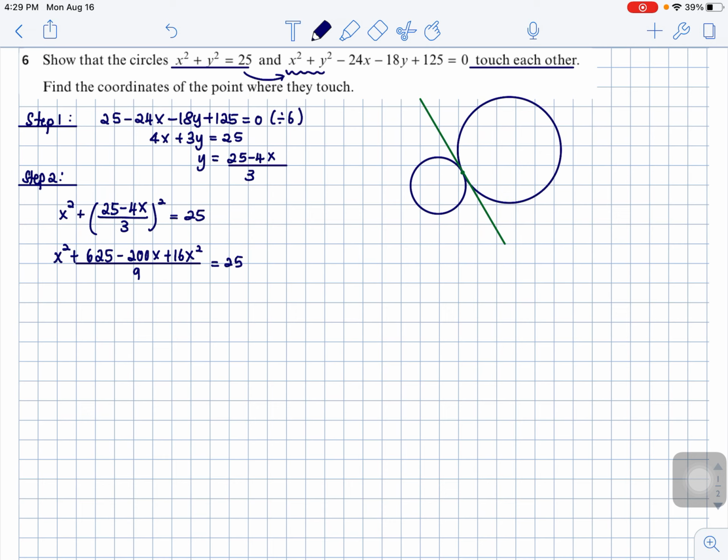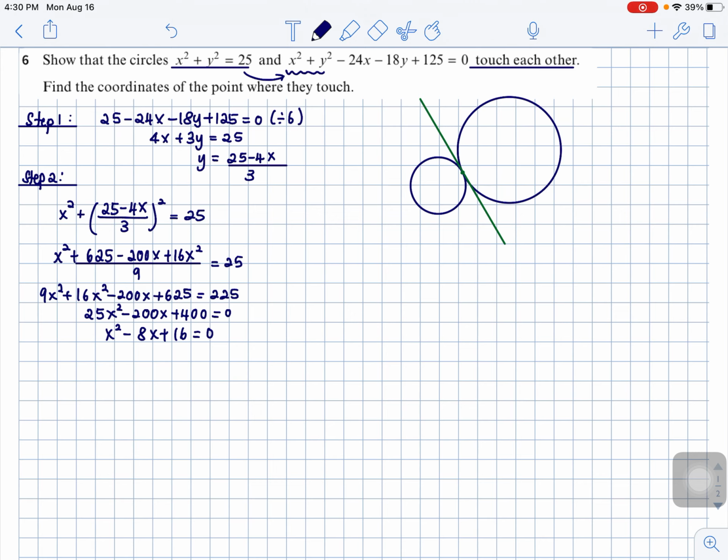Rearrange, you multiply everything by 9 now. 25 times 9. I think you can divide this by 25 now. Okay, now we have a quadratic.